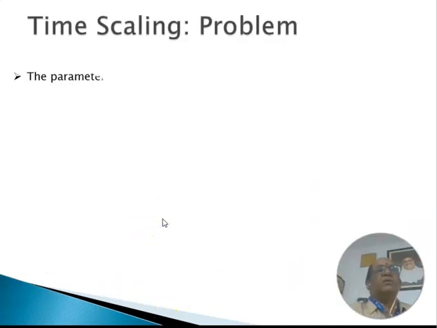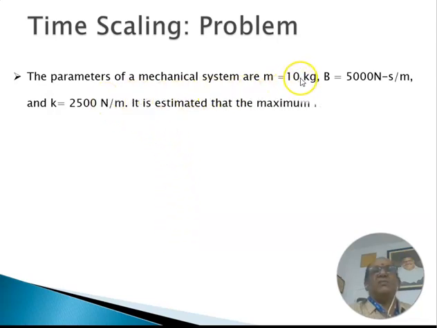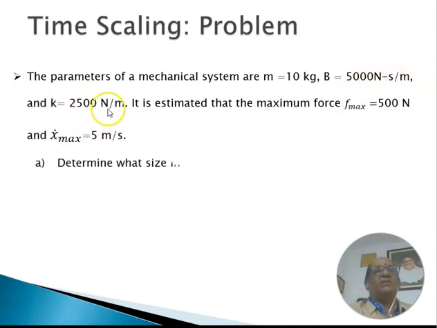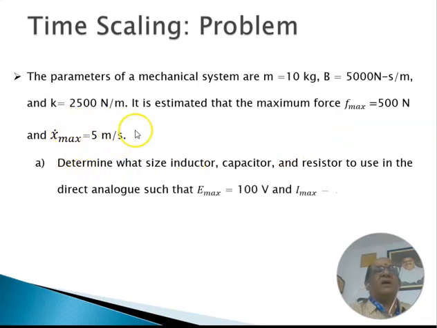We will see one simple problem to explain the concept of time scaling and to give us an intuitive feel. The parameters of the mechanical system are M is equal to 10 kilograms, B is 5000 Newton second per meter, K is 2500 Newton per meter, and we have maximum force as 500 Newtons and maximum velocity as 5 meters per second.